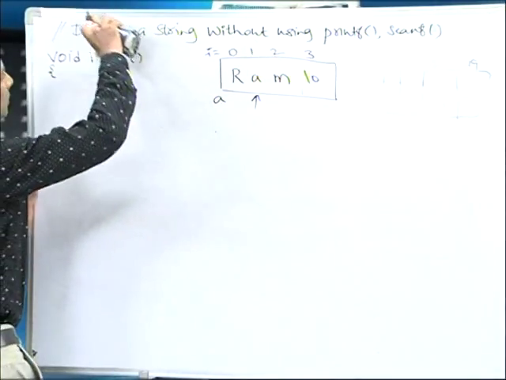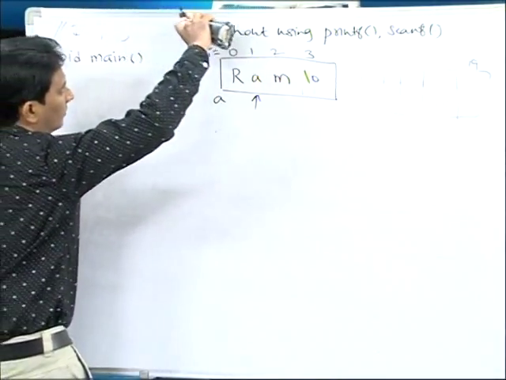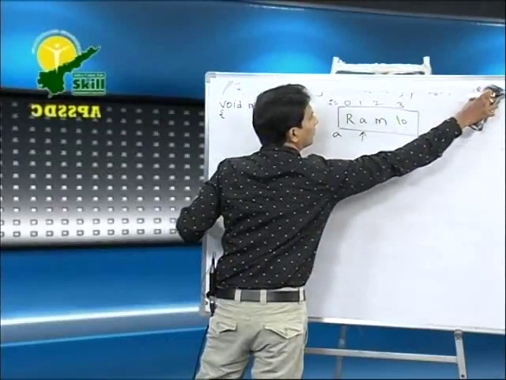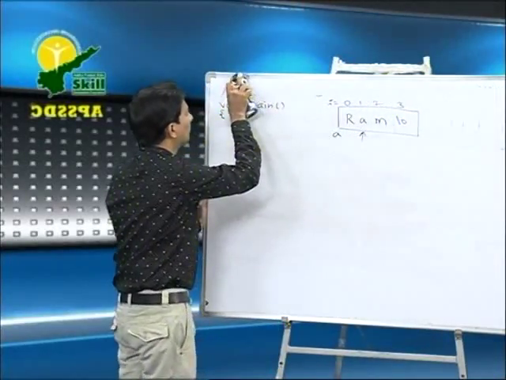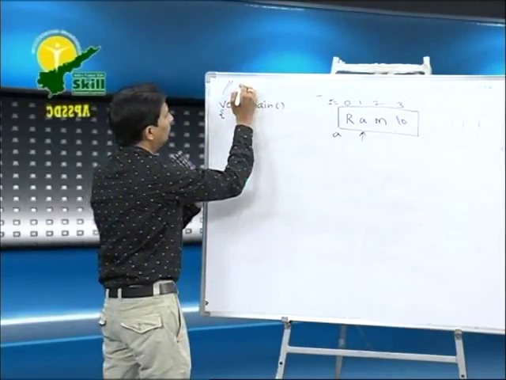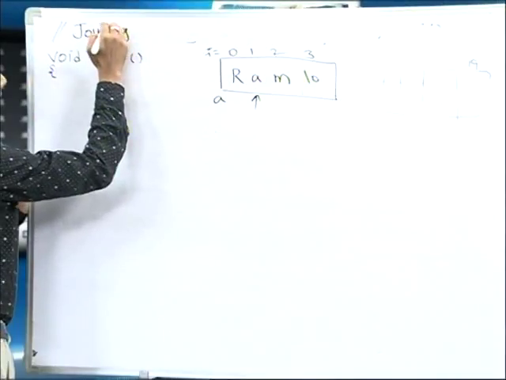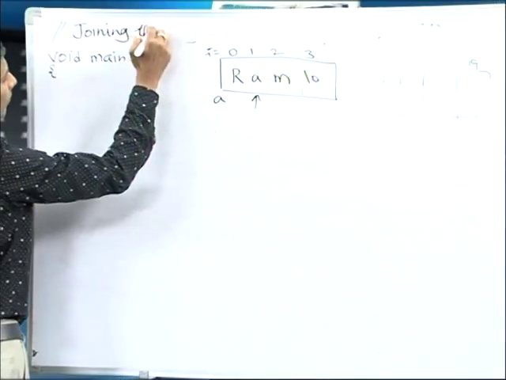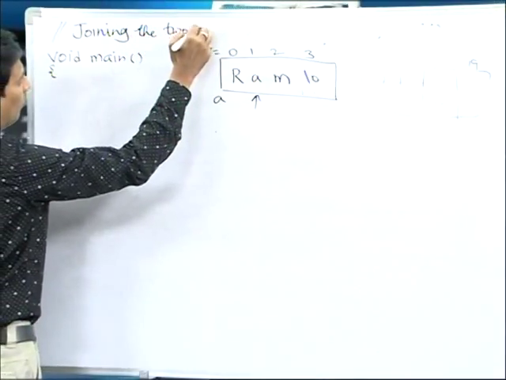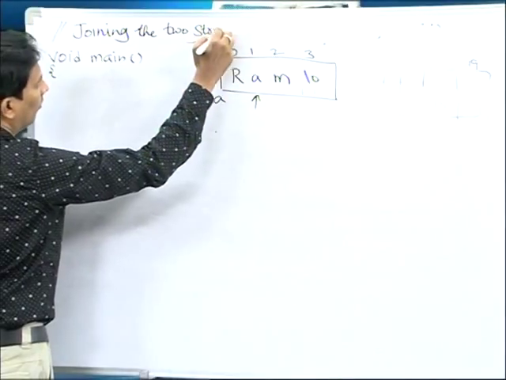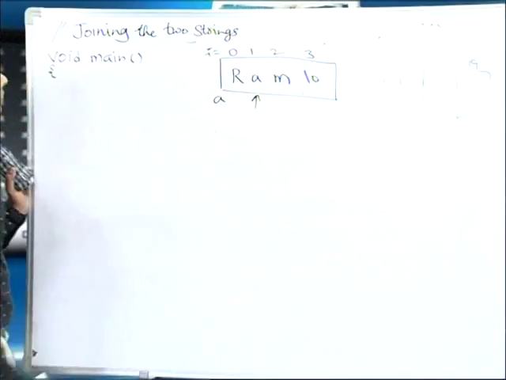Display joining the two strings. Joining the two strings we are writing here.